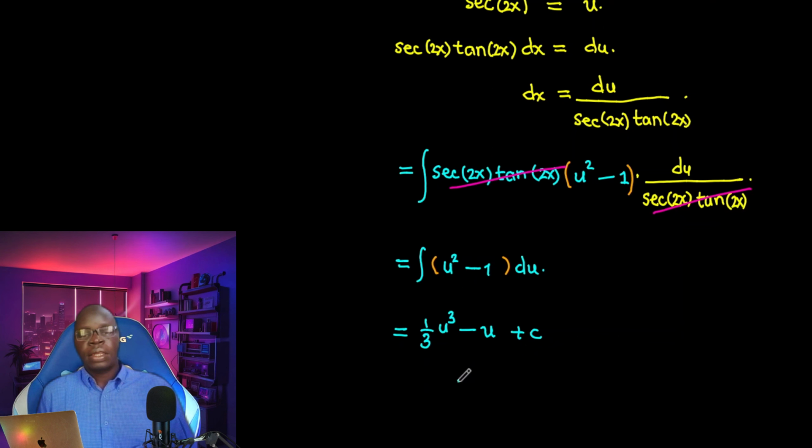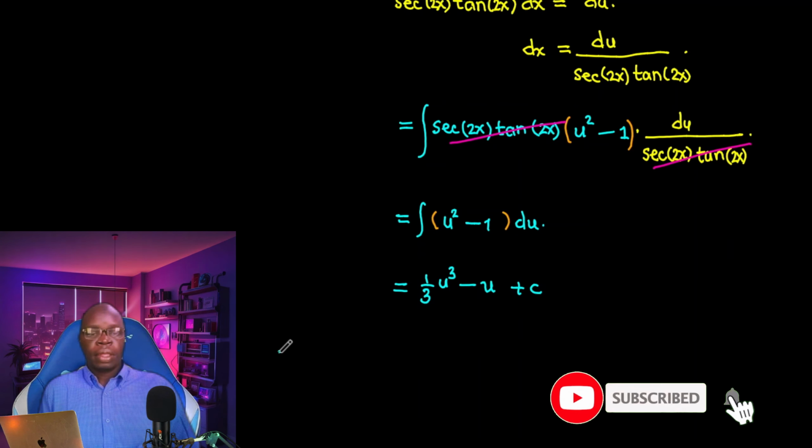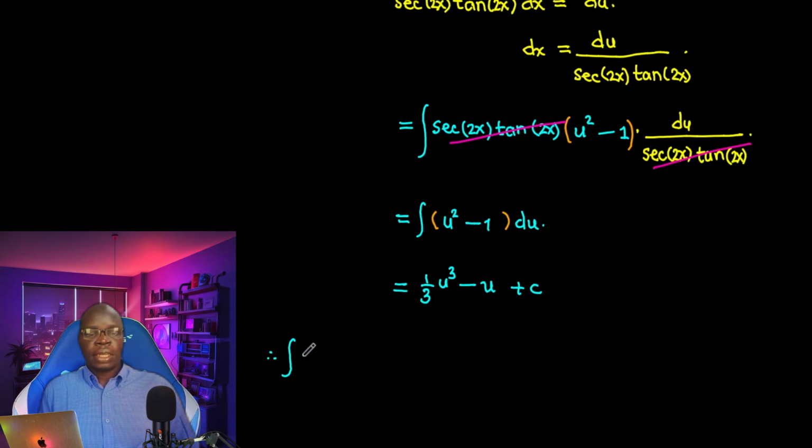Now after that, we can make substitution, and at the same time we make conclusion. So we say, therefore, when we integrate secant with angle of 2x times tan to the 3rd power with the same angle 2x with respect to x, the result we'll get here is 1/3.